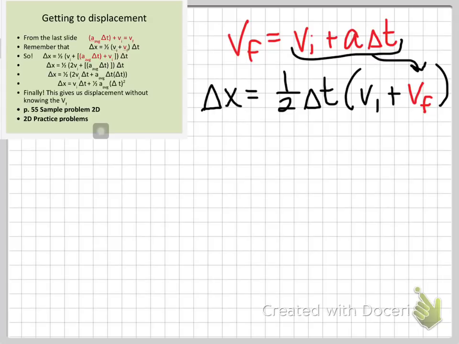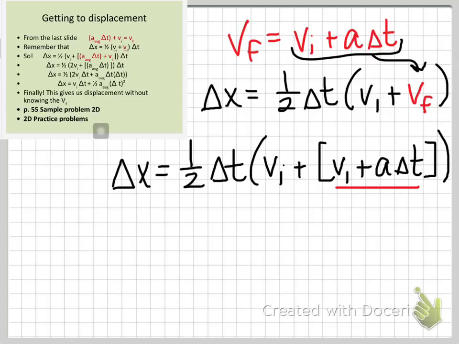Woohoo! Okay, now, it looks a little ugly right now, but we're going to improve upon that. I promise you. So, this underlined portion in red is the part that we substituted in. To start off, let's distribute the 1/2 delta t across the other portions of the equation.